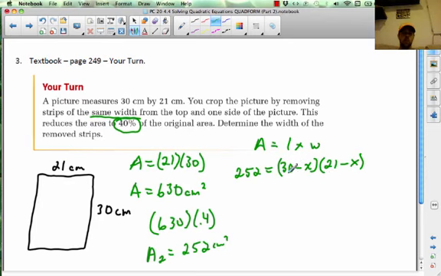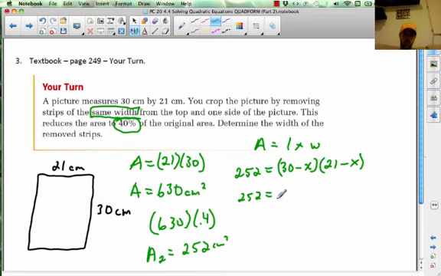So our new length is 30 minus x, which is our unknown width, and our new width is 21 minus that same x. So we get 252 equals, and then we got to FOIL this thing.